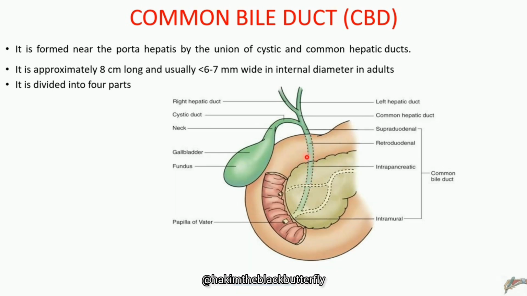And remember, this opening here only opens when you take a lipid-rich food. So if so much bile is produced from the liver, all this is going to come and be stored within this common bile duct until you eat a lipid-rich food.